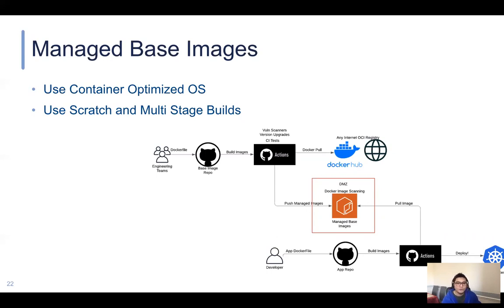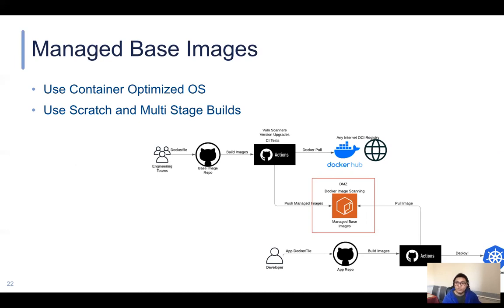So one thing you can do is create a DMZ, like your own managed base images, where you can run a bunch of scanning, vulnerability tests, and version upgrades, and then make that the buffer zone between the rest of the internet and your cluster.